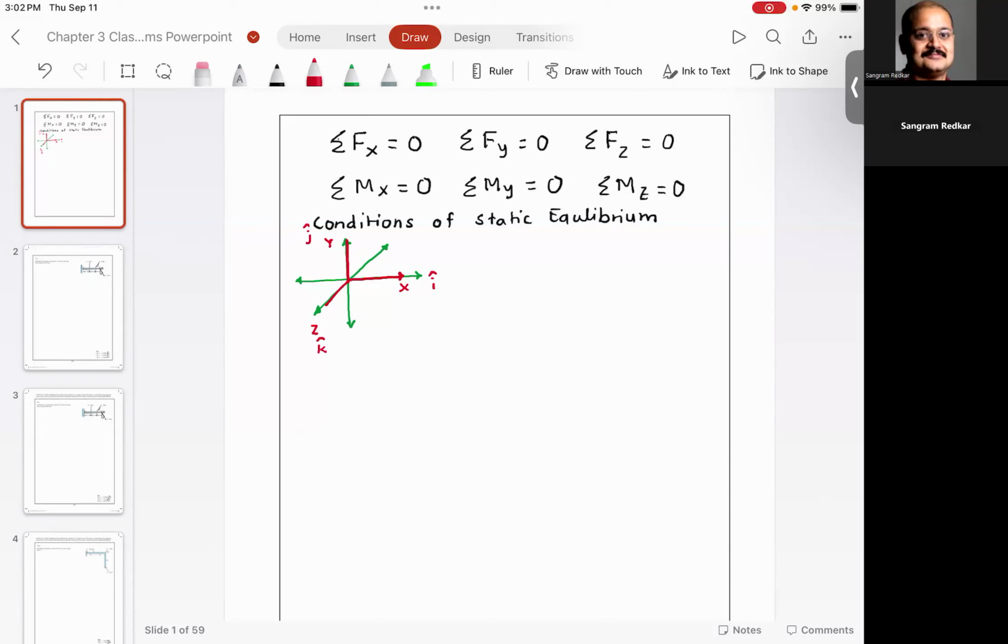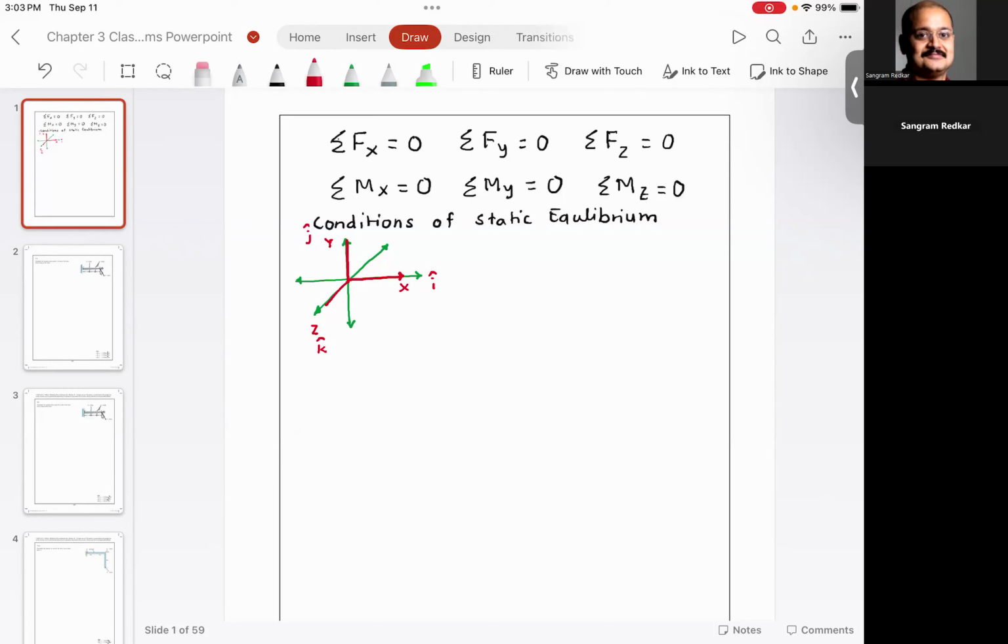So you have x, y, and z, and respective unit vectors are i's, j's, and k's. Now the moments can also be expressed in terms of unit vectors. So this topic deals with moments.